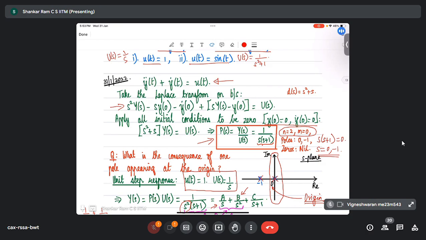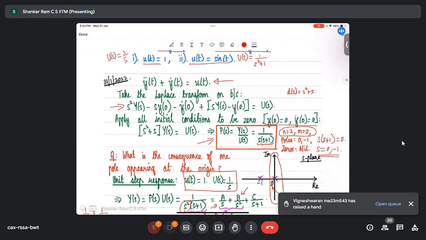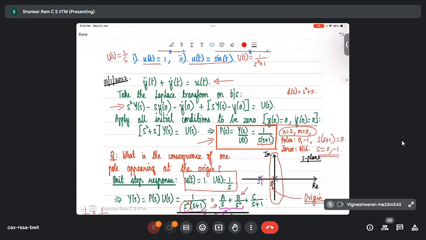Yes, sir. Vignesh, present, sir. Vigneshwaran, present, sir. Vijayaraj, present, sir. Vikas, present, sir. Ramanand, present, sir. Only Vinesh doesn't seem to be there, right?